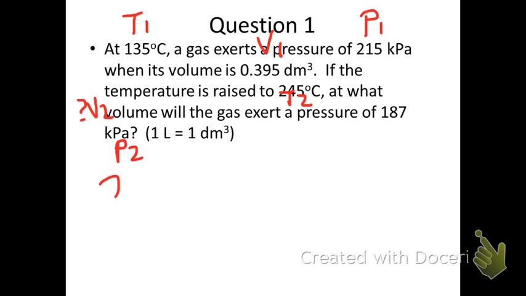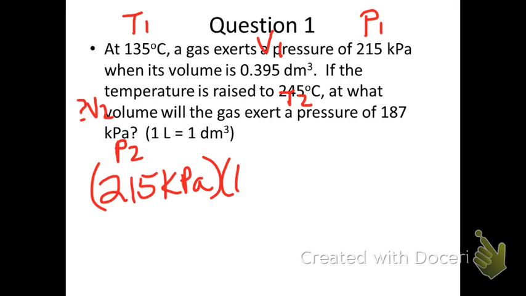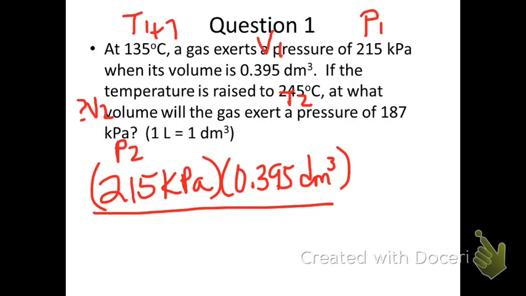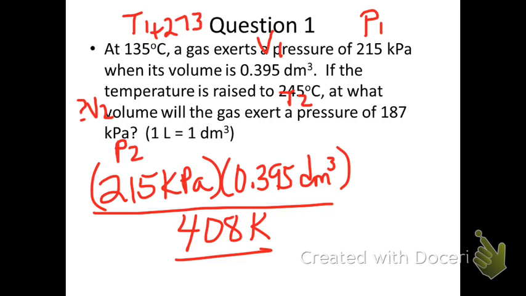So P1 is 215 kPa. V1 is 0.395 decimeters cubed. T1, I need to add 273 to my 135, and that's going to be 408 Kelvin. So 408 came from 135 plus 273.